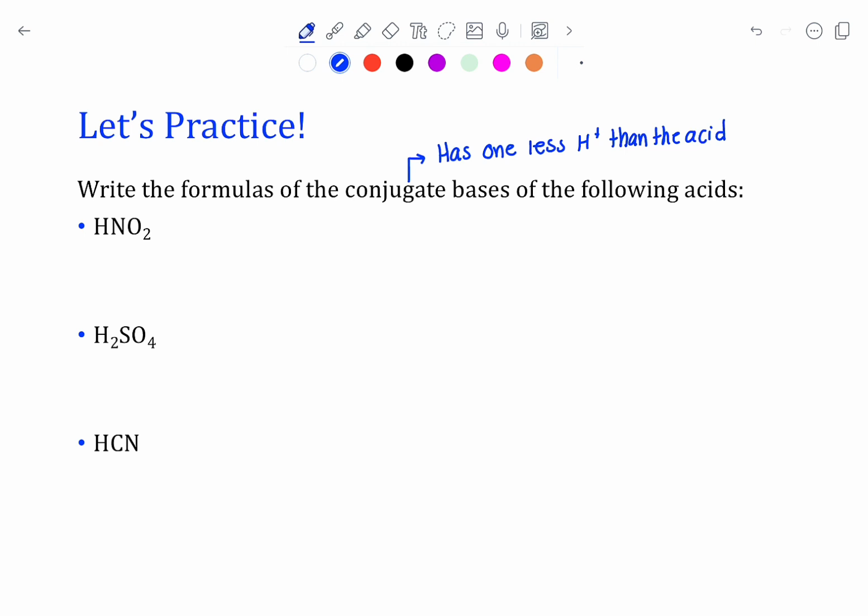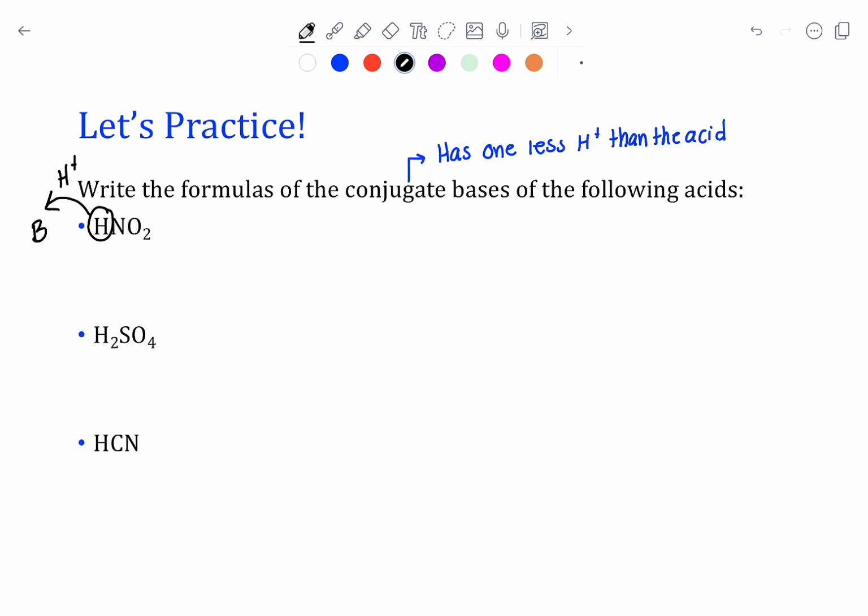So let's look at our first example. We have HNO2. Since HNO2 is an acid, it is going to take this hydrogen and donate it to whatever the base is. Okay, whatever that base is, it can be anything. So we'll just call it B for right now.